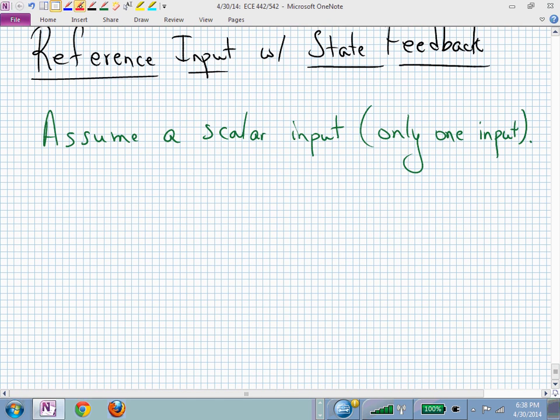Here's what we're going to do. Let's let u of n be minus kx of n, but let's also include a reference signal, scaled by, let's say, some value capital N sub 1.